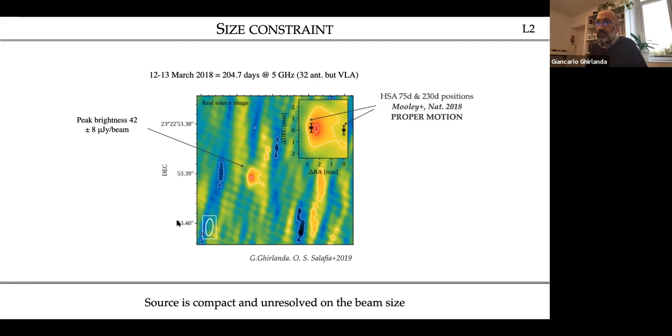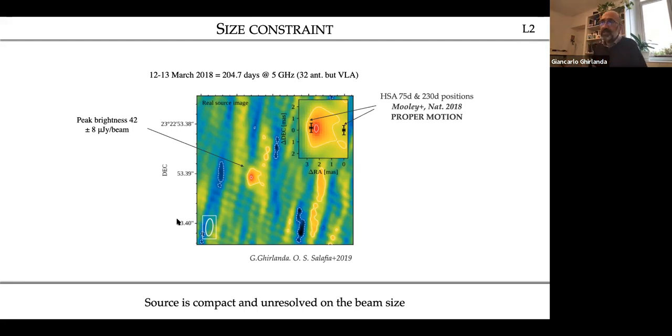So we performed these observations, however, employing 32 radio telescopes, which were distributed from Australia to Hawaii, and of course observed the source, thanks to the rotation of the Earth, at different times for a small amount of time each.